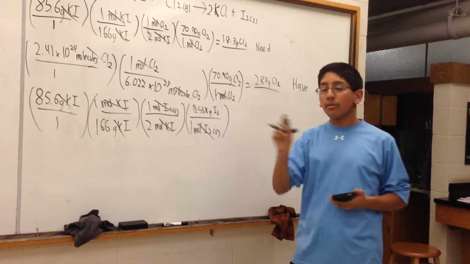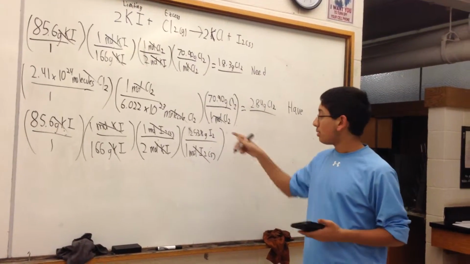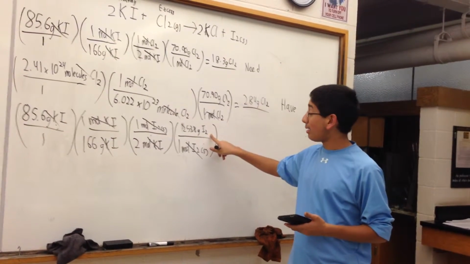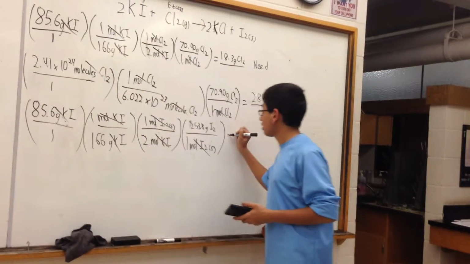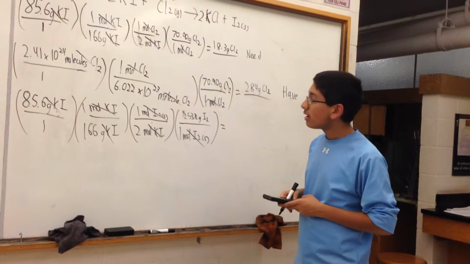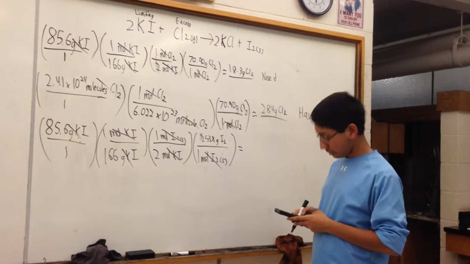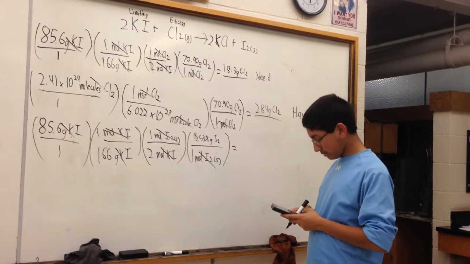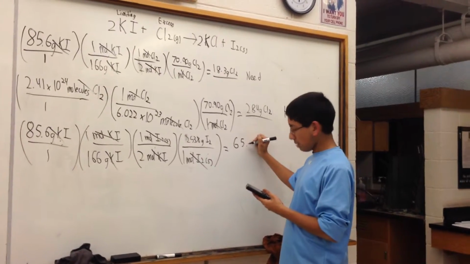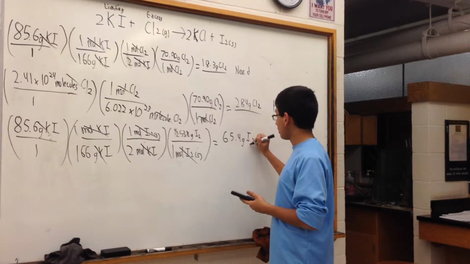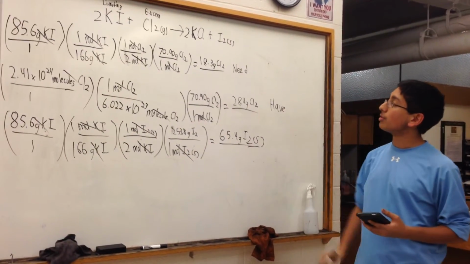Note that I had to double the molar mass of iodine by itself, because you have iodine solid, which is 2 iodine atoms put together. So once we plug this into the calculator, we get 65.4 grams of iodine solid. And that's your answer. That is how we do limiting reactant problems.